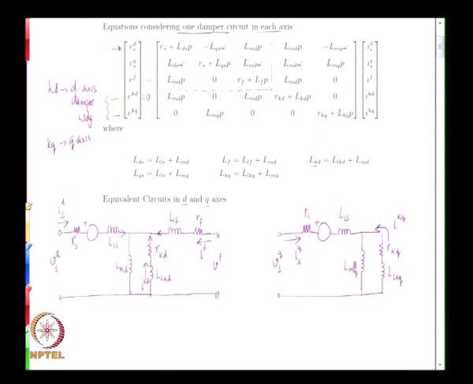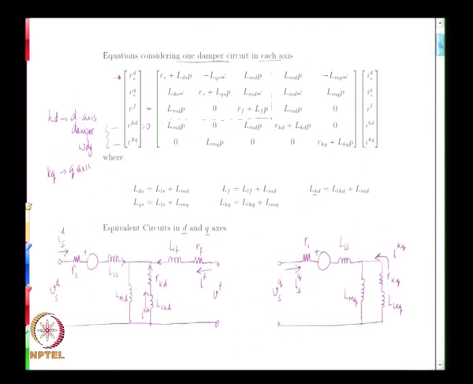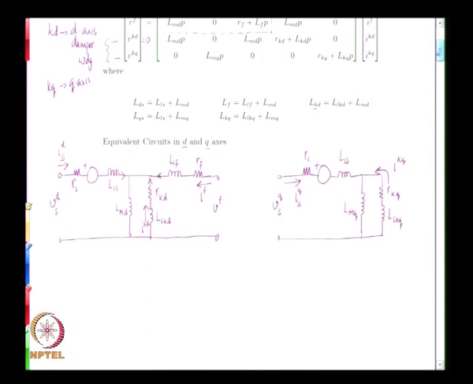With that, if you apply KVL around this loop, you get the second equation, that is here, and if you apply KVL around this loop, you get the KQ equation here. So, these two equivalent circuits then represent the alternator model together in the D and Q axis.